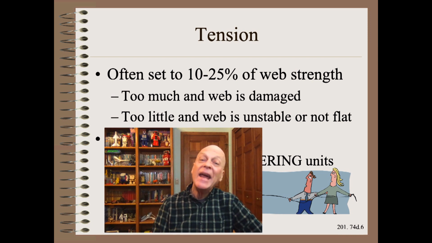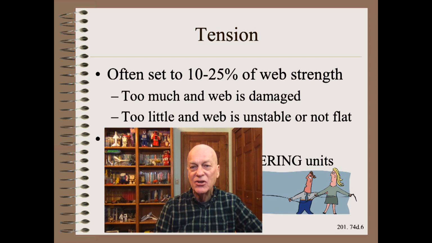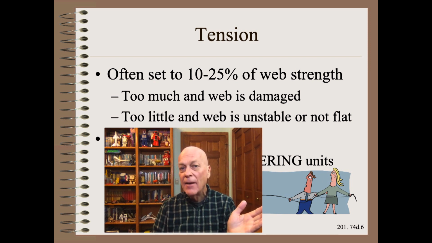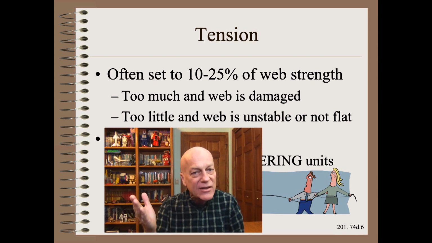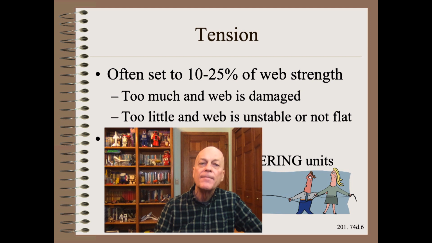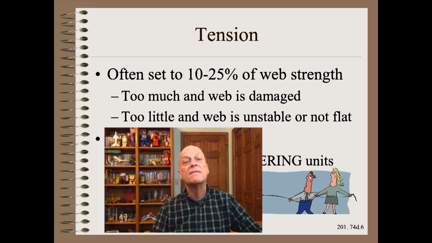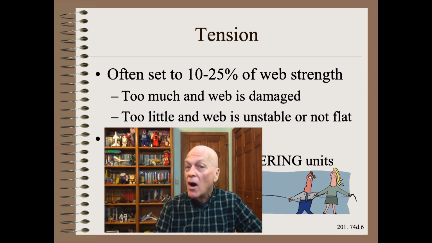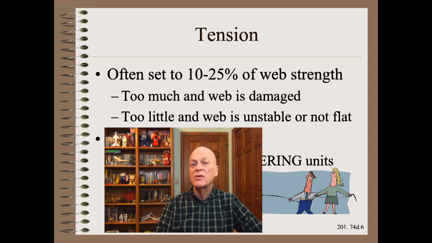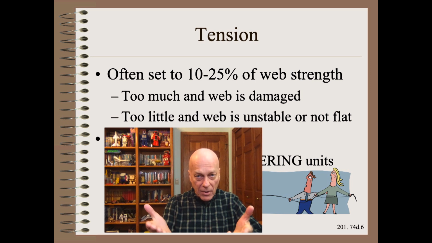It is an economic optimization between high tension defects such as web damage and low tension defects such as poor web stability and flatness. Thus, it is vital to make a strong effort to ensure that tension controls are well managed in your plant.